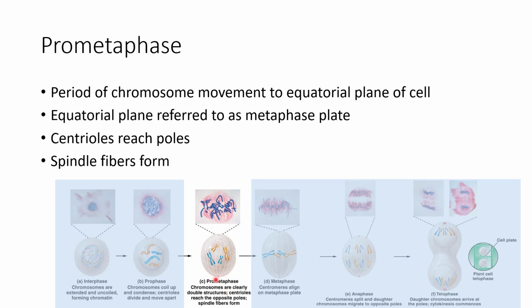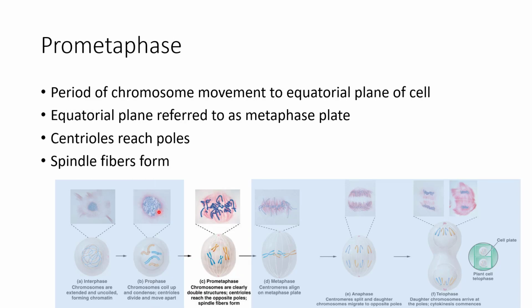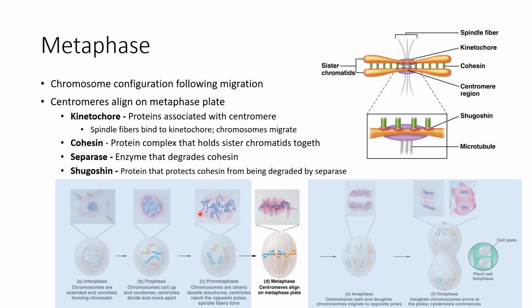Our centrioles have reached their poles, and then the other thing that we'll notice, that you didn't see in prophase, is that the spindle fibers are now attached and starting to form. Okay, so they're attaching to the kinetochores, to those centromeres, and they're starting to position those chromosomes for division.